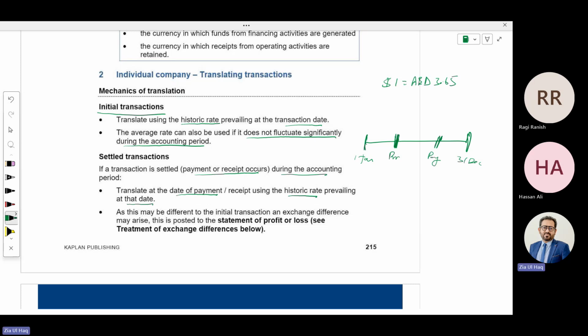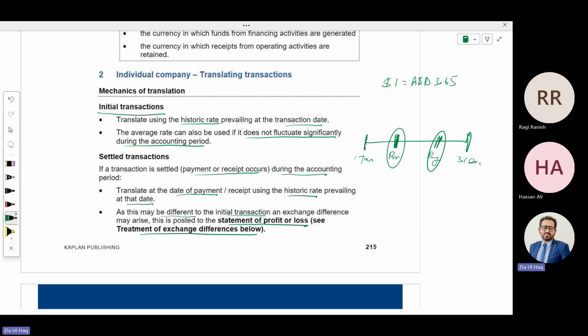We will record the purchase according to the rate at this date, and we record the payment according to the rate at this date. As this may be different to the initial transaction, an exchange difference may arise. This is posted to the statement of profit or loss, treatment of exchange rate differences below.